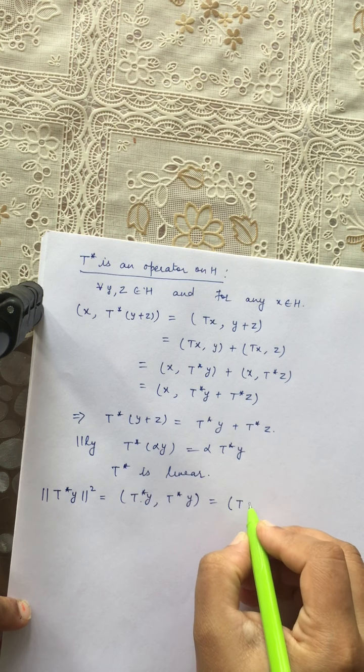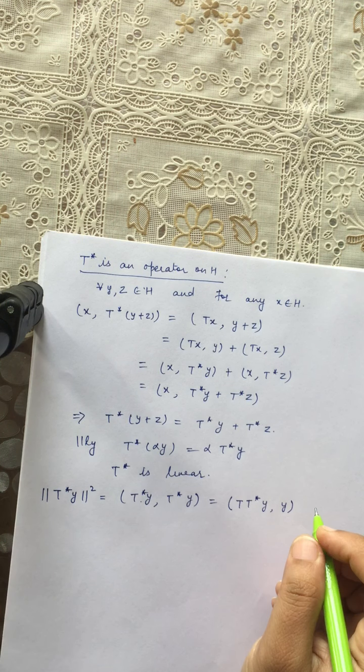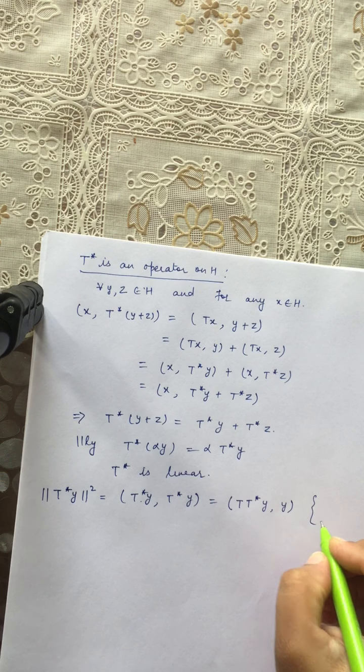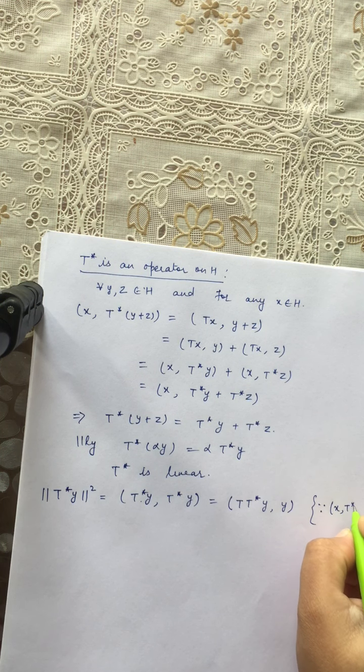So from that result, this is because of the result ⟨x, T star y⟩ is equal to ⟨Tx, y⟩.